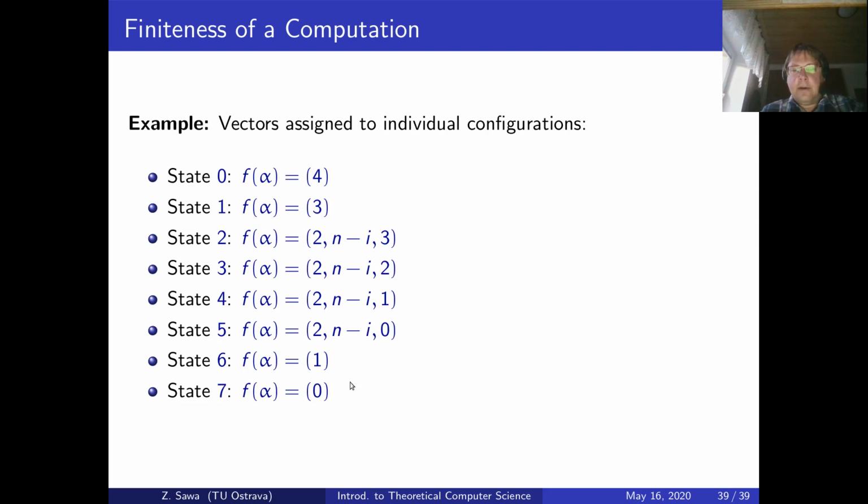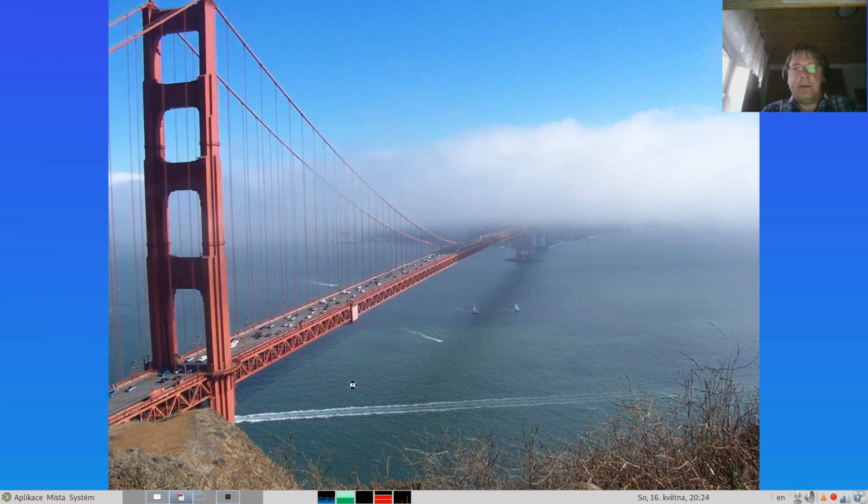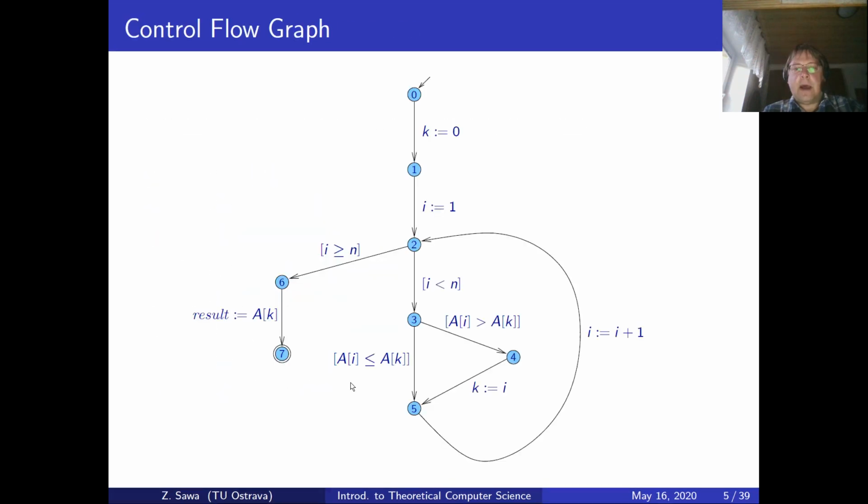What is really required is to show that for each edge in the control flow graph, for each transition, if we have a configuration, and again, as I said before, we can concentrate on those configurations where the invariants we computed previously are satisfied.